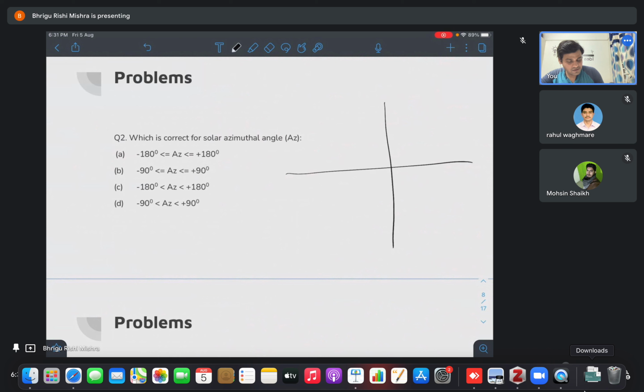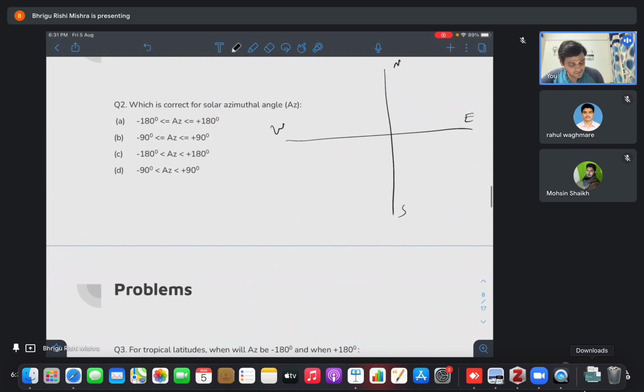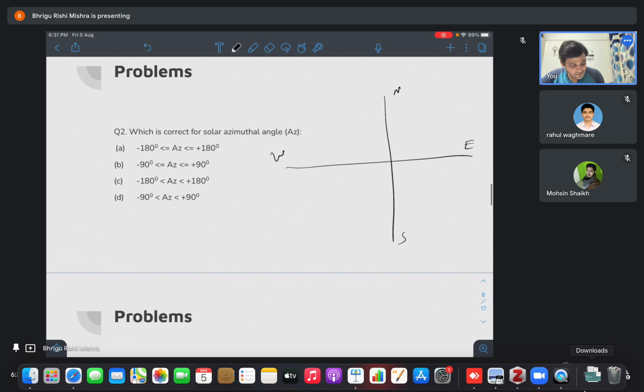Suppose this is north, south, east, west, and the sun is here, and this is the line of projection of the sun onto the horizontal plane. This angle is the azimuthal angle.